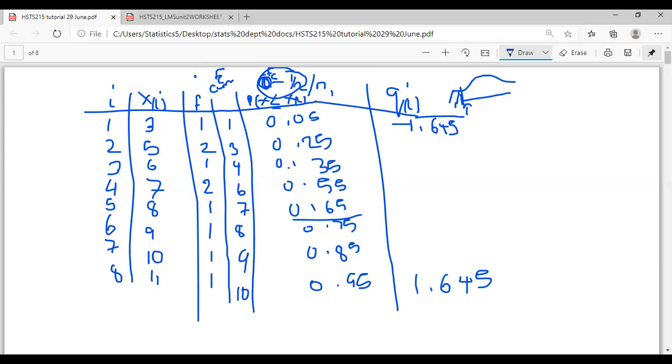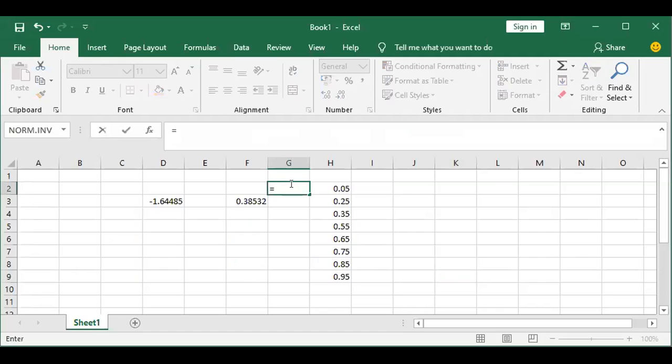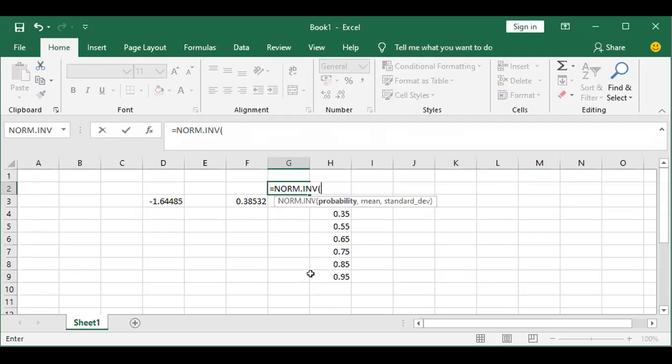Right. Let me share this page with you. Excel. Right. So to get the z values, we are saying equals normal inverse for the probability.